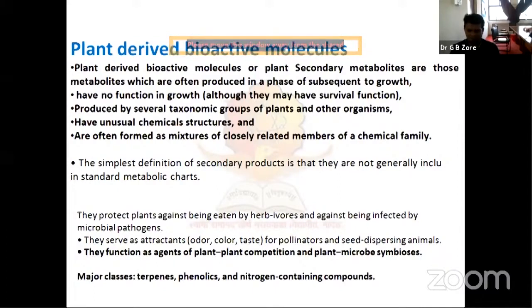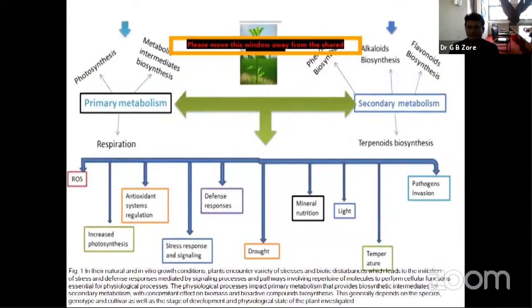But later on, it was found that these molecules are playing a very important role in several processes. For example, just before going into the details, we would like to see the difference between primary and secondary metabolism.